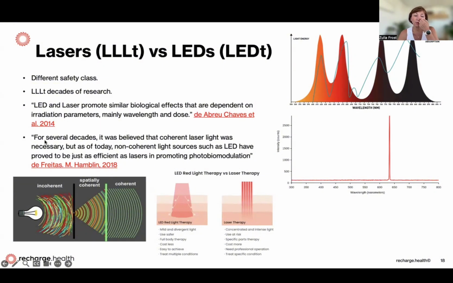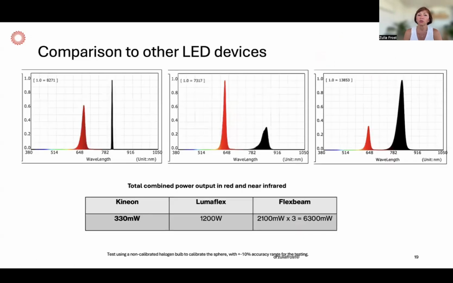And the second paper says for several decades it was believed that coherent laser light was necessary, but as of today, non-coherent light sources such as LED have proved to be just as efficient as lasers in promoting photobiomodulation. See, the main researcher, Dr. Hamblin, is speaking about that. So in a sense, we are both doing the work, but the parameters are very important. And you already understood what sort of parameters we're looking for.